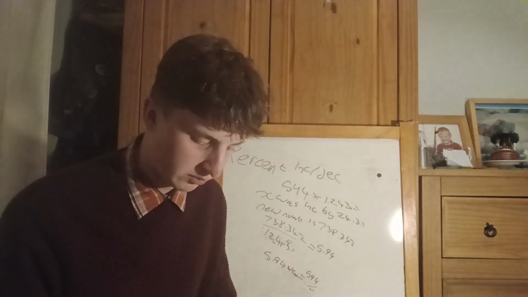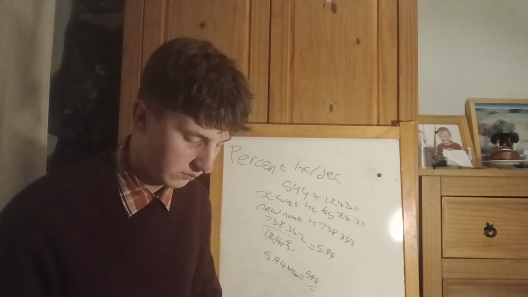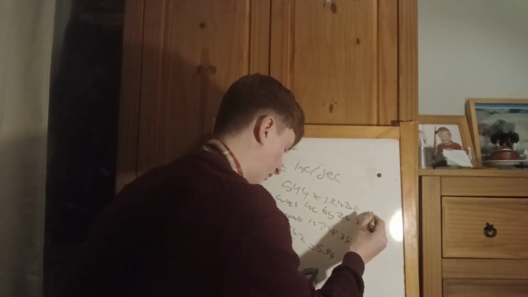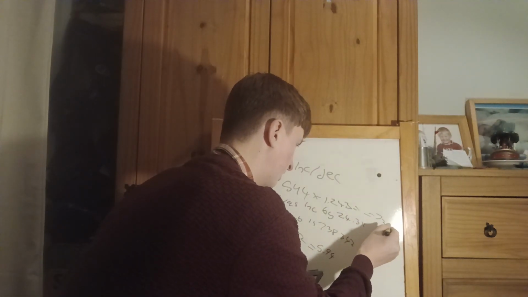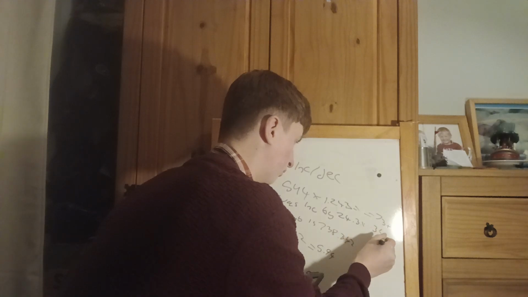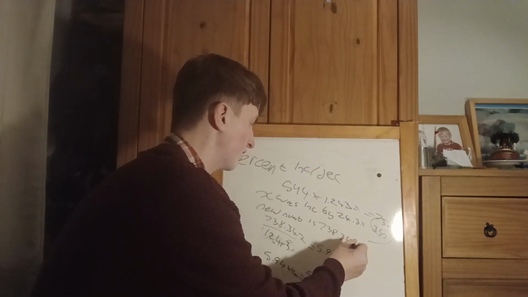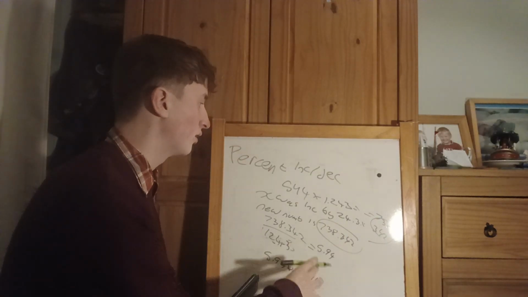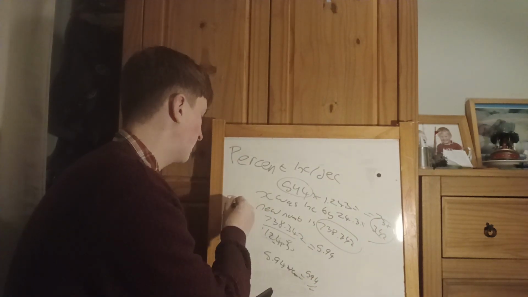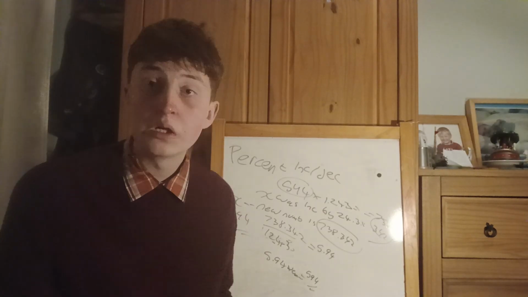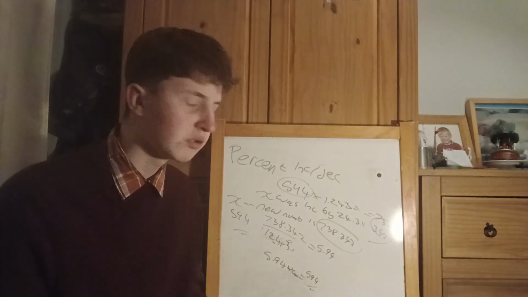Since it was calculator ruling, 594 times 1.243 gives us a nice number of 738.342. Here's the proof. So this x would be 594.